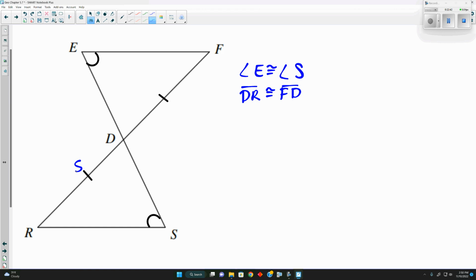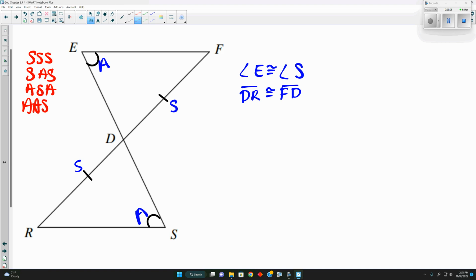So we have a side, and an angle and an angle. Now, I'm going to list out all the ones that work: side, side, side; side, angle, side; angle, side, angle; and angle, angle, side.